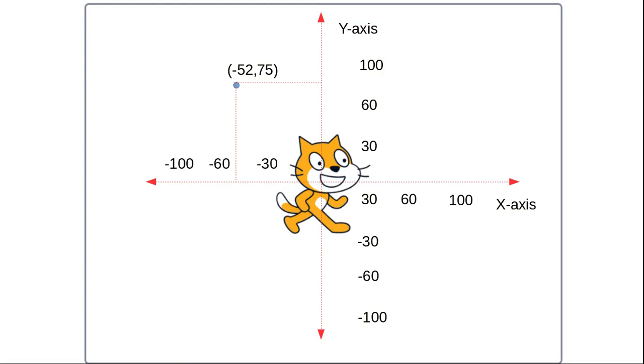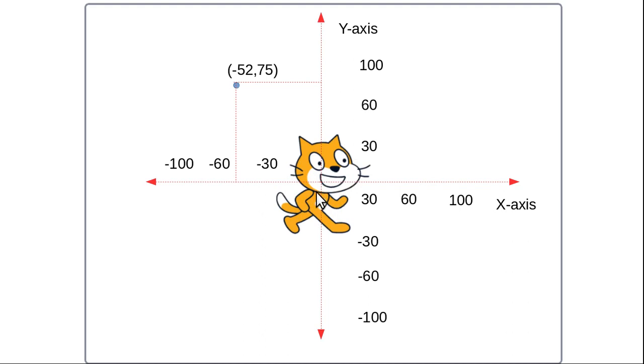Let me show a small diagram of the dimensions for this sprite. This diagram will exactly show how the locations of the sprite will change. The horizontal axis is called the x-axis and the vertical axis is called the y-axis. When the sprite is at the center position, x is 0, y is 0.